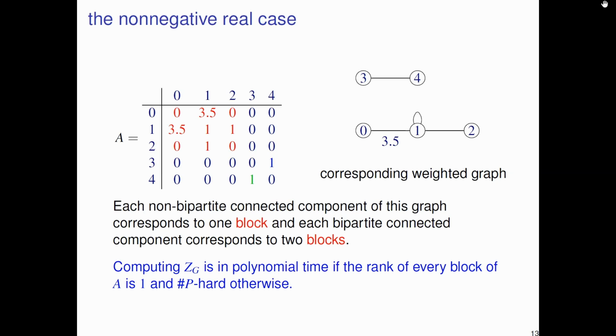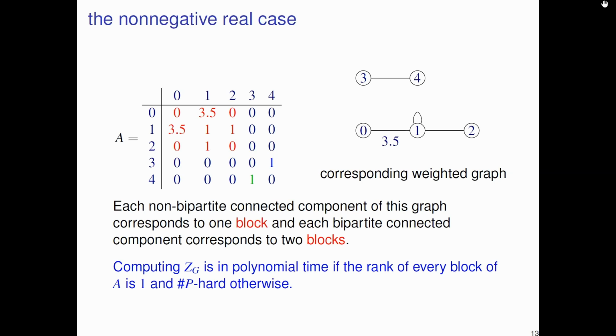Okay, so this is kind of cool because it's a very simple criterion. So the truth is quite simple here. You can probably almost imagine why it's easy if the blocks all have rank 1. Because rank 1 blocks kind of mean everything factorizes nicely, and it's not very surprising or very hard to prove that you can compute the partition function in that case.